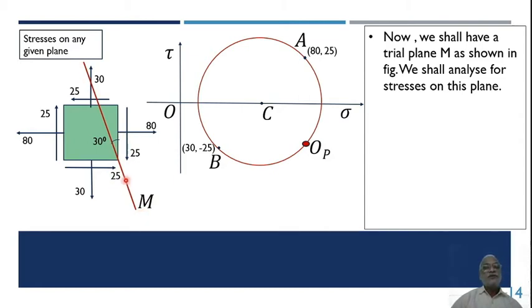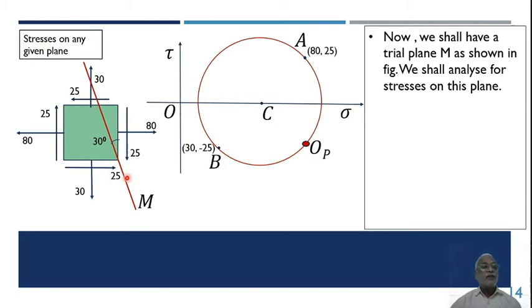Now on this plane, if I want to calculate what is the normal stress, what is the shear stress on this plane, that can be done using Mohr circle. If you have studied the equations, you know how complicated they are.